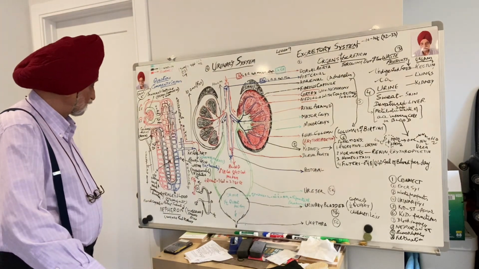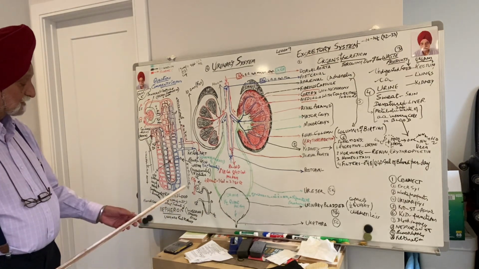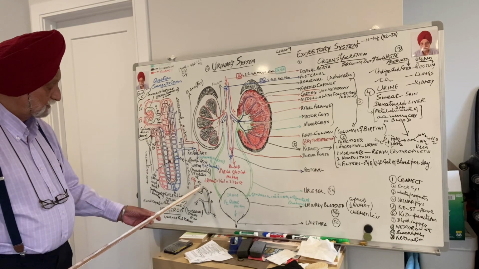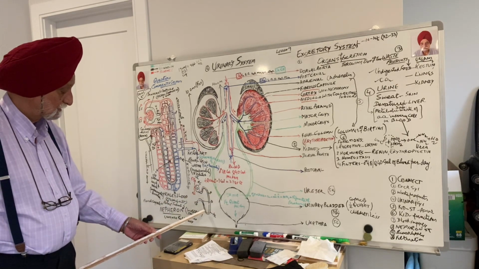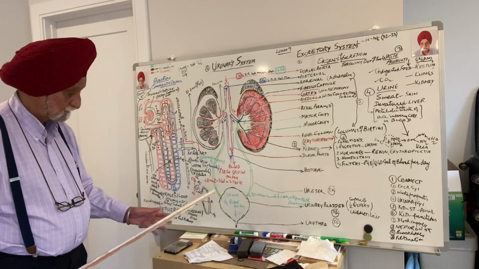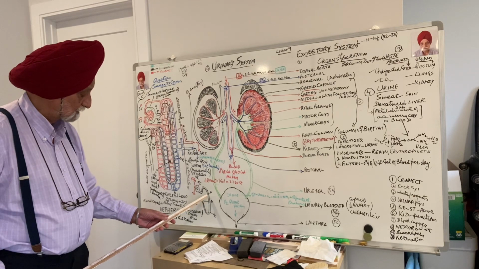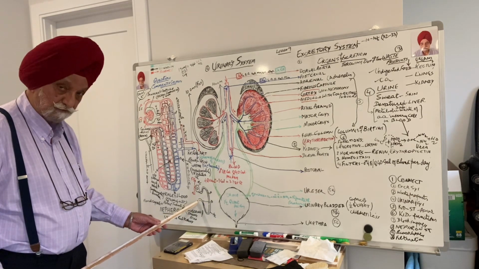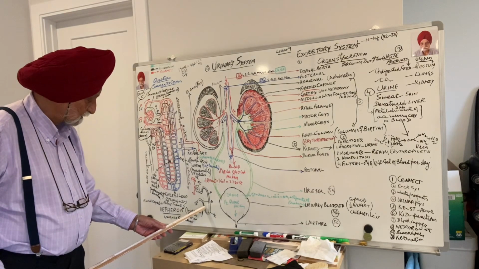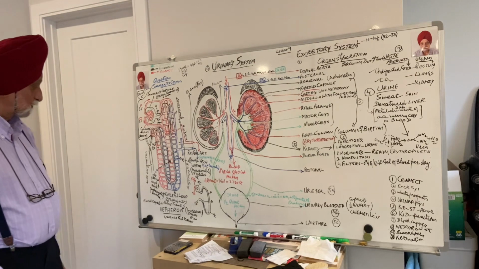Now, each uriniferous tubule has a cup-like structure towards its upper end, and then a tubule. The tubule is divided into regions: the proximal end of the tubule and the distal end of the tubule. And in between, this U-shaped structure is called Henle's loop.